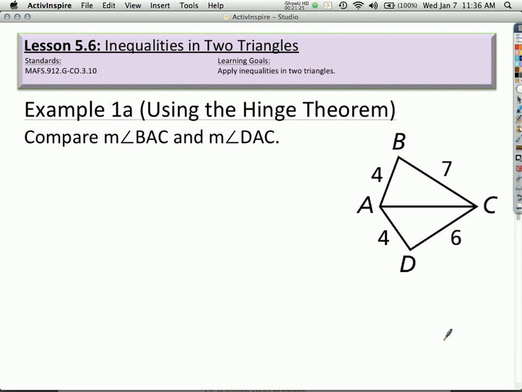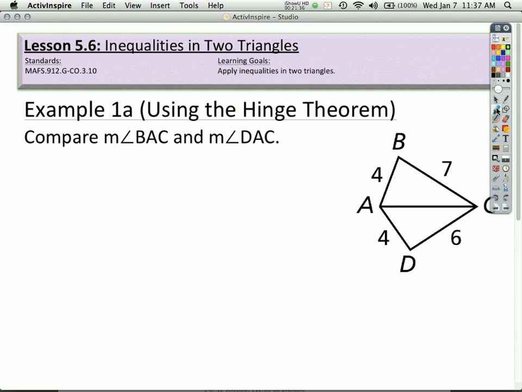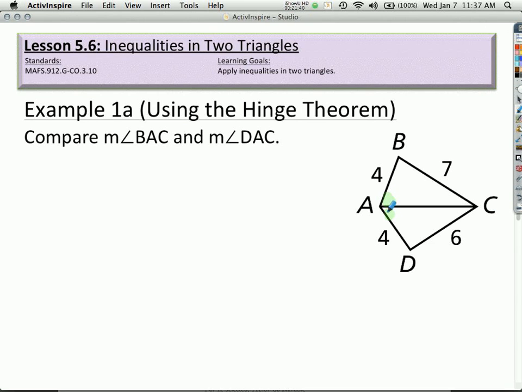So example 1a, we're asked to compare two angles, BAC and DAC. So we're asked to compare this angle here and this angle here. What can we say about them? So let's gather some evidence, and I've already given you a clue that we want to explore the hinge theorem.